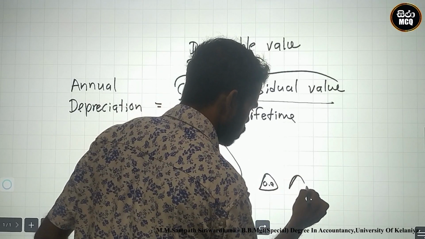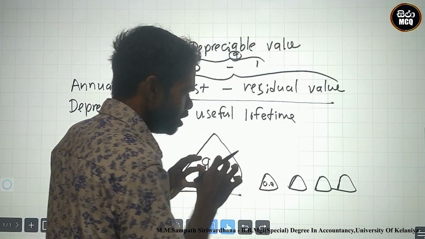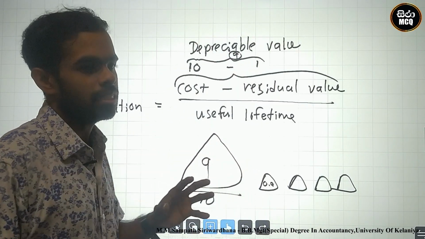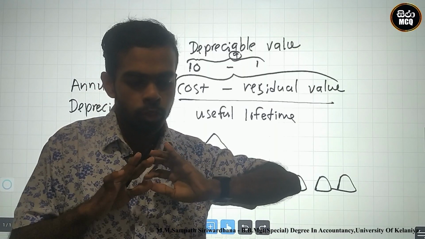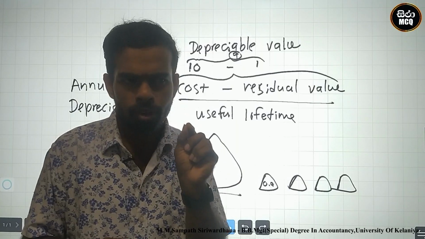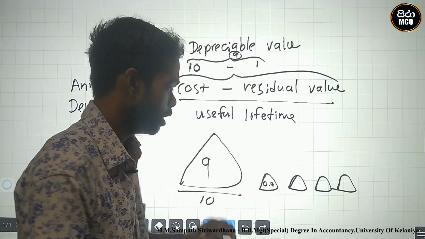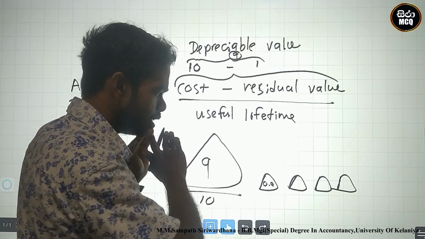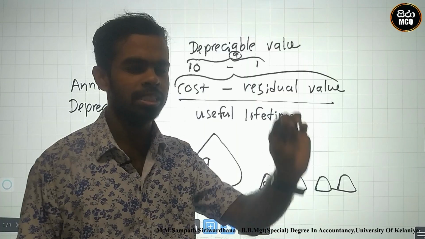Depreciation means dividing the huge cost through the useful lifetime, so in one year we can identify a small depreciation expense.